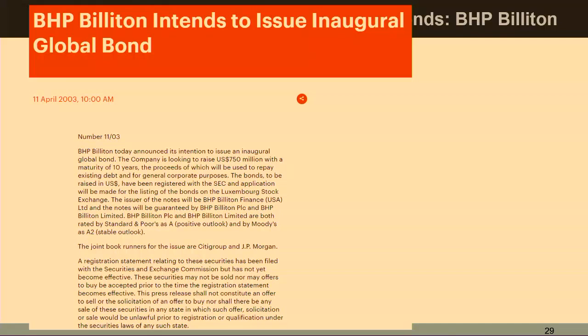This is an example of how important global bonds are for both international agencies, government agencies, as well as individual corporations that are really large. This one is a bit smaller in size, which is only about US dollars 750 million in comparison to the 2 to 4 billion of the World Bank bond offering, right?